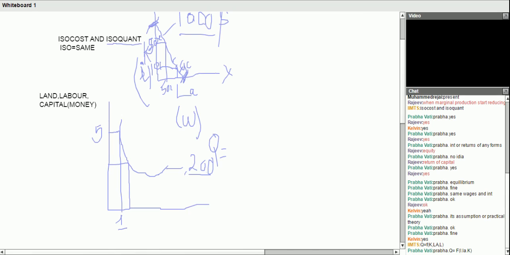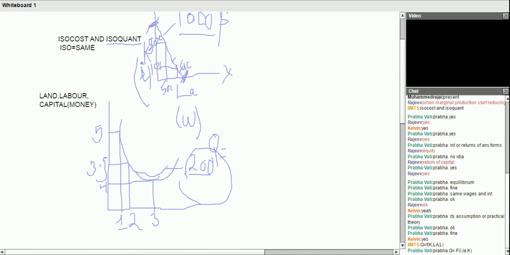At this point it may be 3.5 units of capital and 2 units of labor. At this point it will be more down like this. At this point it can be something else, 4 capital and 3 labor. The ultimate aim is to manufacture 200 units of output. All right? Is it clear?